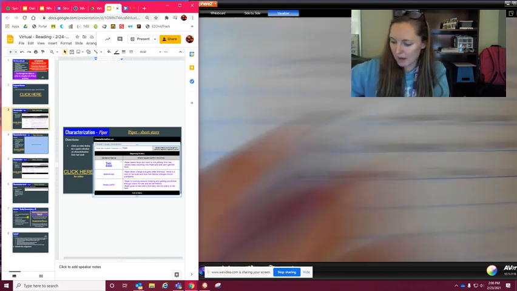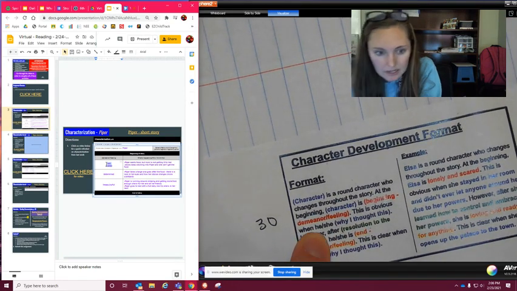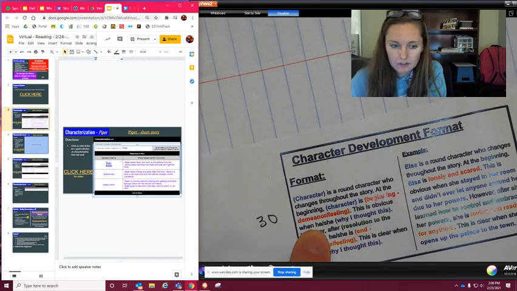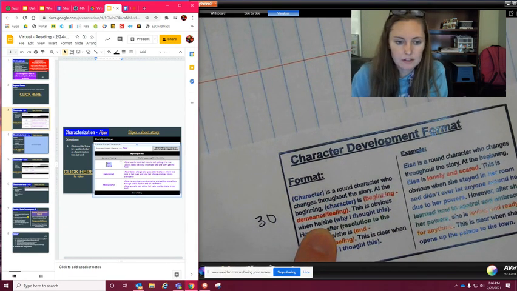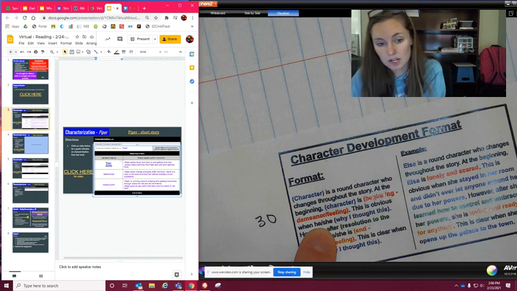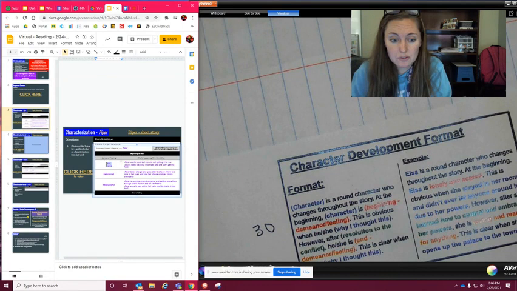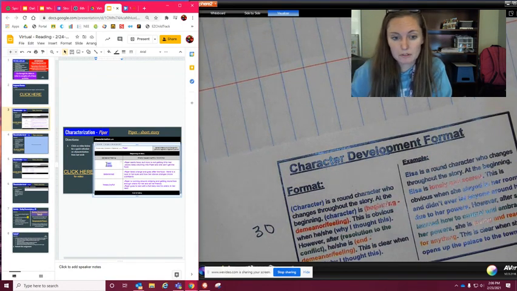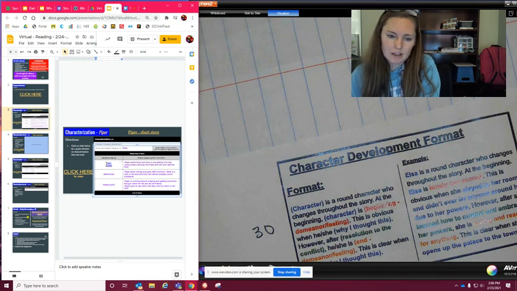All right. So we're going to go back to this format. And it says, this is obvious when he/she. Now, you can choose whichever pronoun works for you. I know some of you think that Piper's a he, and some of you think that she's a she. So whatever pronoun you use, that's fine. Or you can use his name or her name. You can just use Piper. All right, so this is obvious when, and then it says why I thought this.